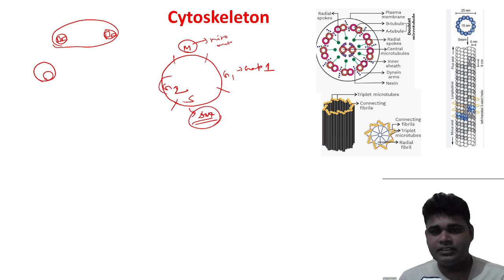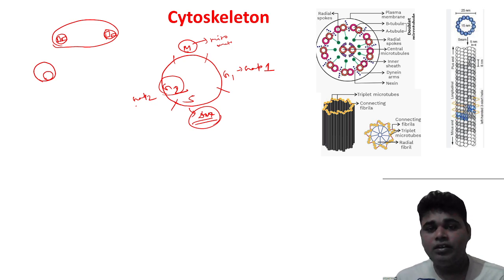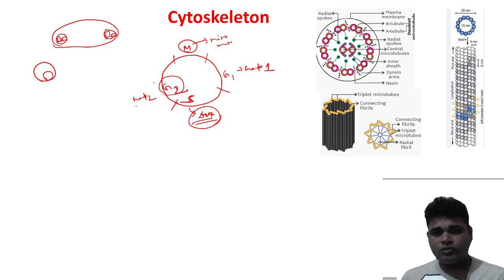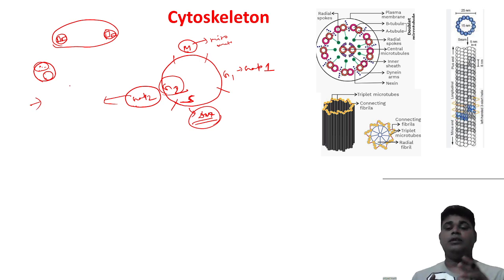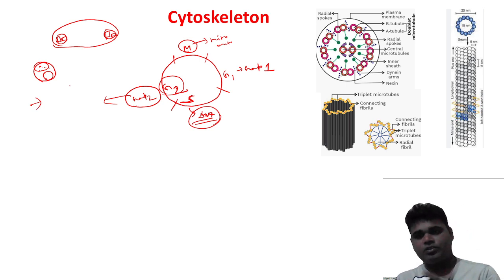G2 means gap 2, the gap between the synthesis phase and mitosis or meiosis.